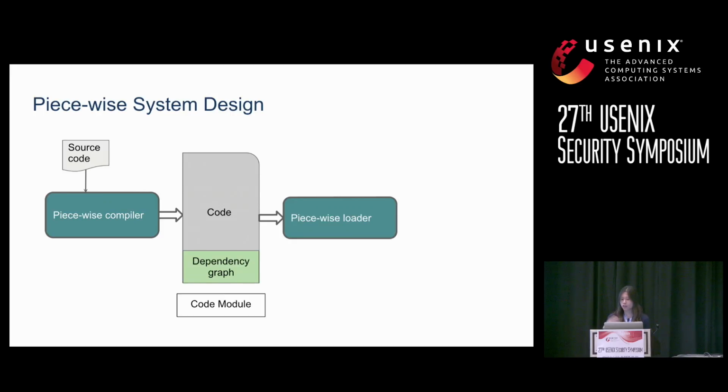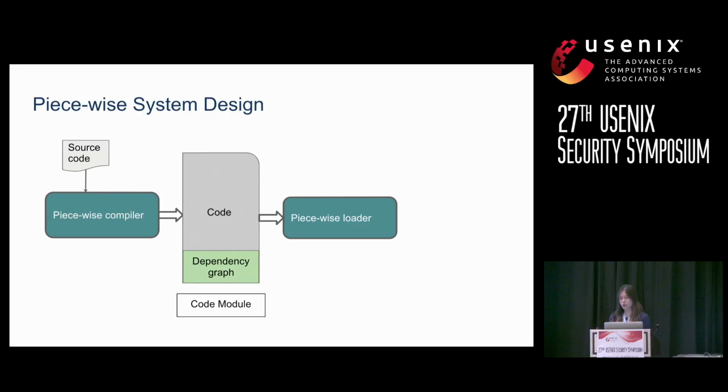Then it writes this dependency graph onto the binary for that code module. And then when you execute a program that requires this code module, the piece-wise loader will read this dependency graph. It's written onto an optional section in your ELF file.